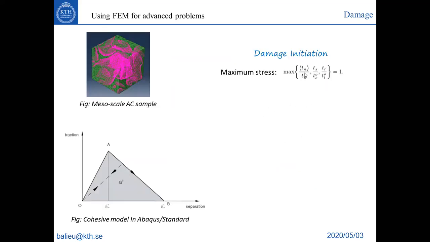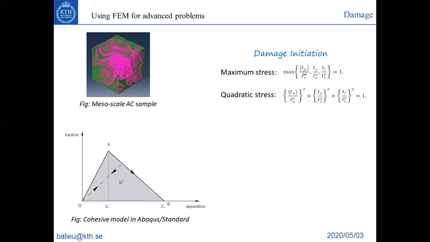If you remember, here there are the 3 directions of the stress. This is tension in mode 1, and the second and third modes. So you can combine the different shears, in-plane shear and out-of-plane shear. So this is one criterion with a ratio between different limits.